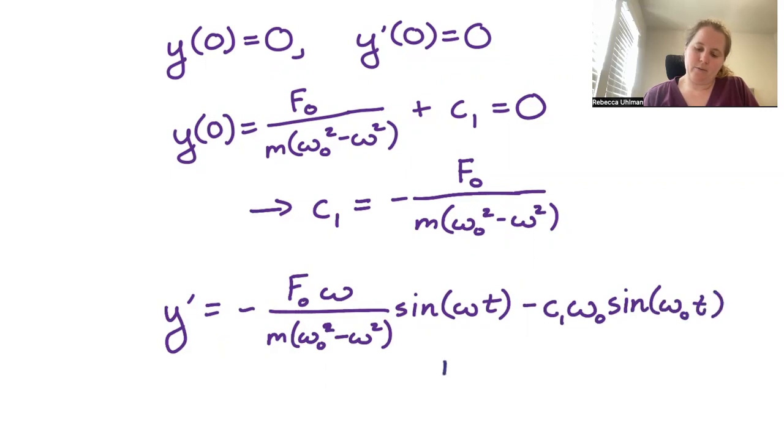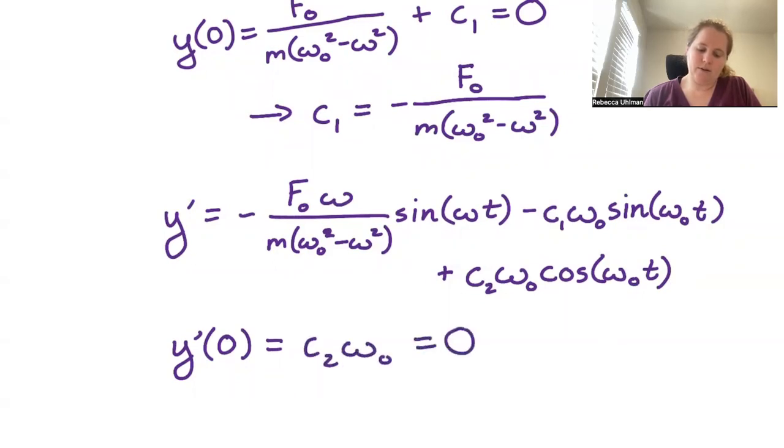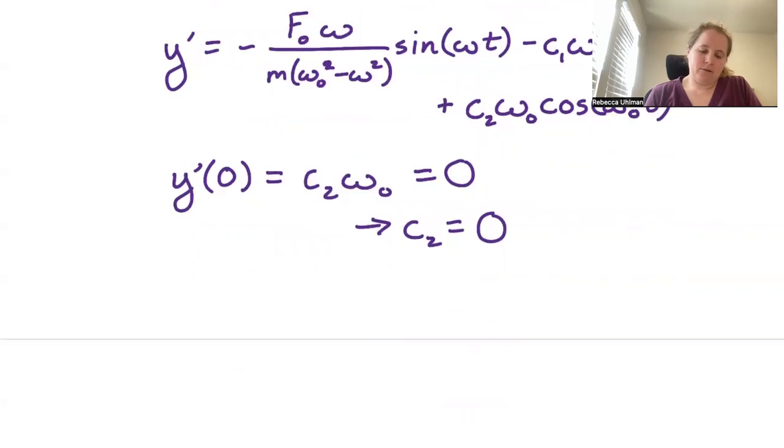And then we would have a plus c2 times omega naught times cosine of omega naught t. So if we do y prime of 0, those first two terms just disappear. That's just c2 times omega naught. This is equal to 0. And we get that our c2 is just 0.